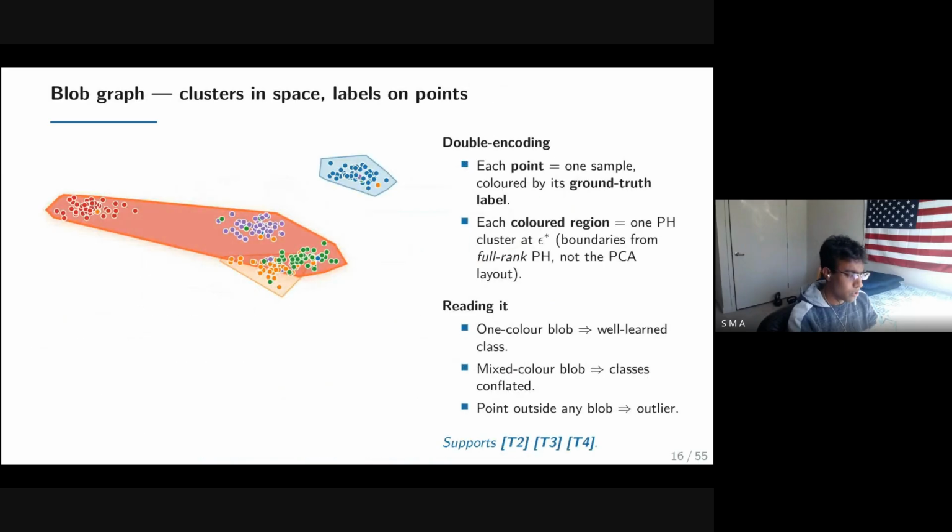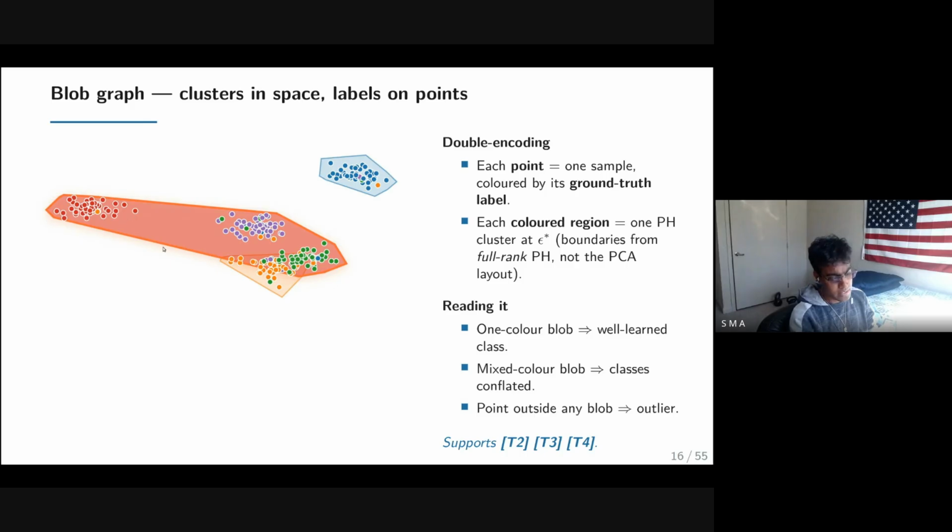The blob graph is another visualization that we developed, which tells us more about the separability, the homogeneity, and the outliers. Again, each of these points is a data point, colored by its original class.